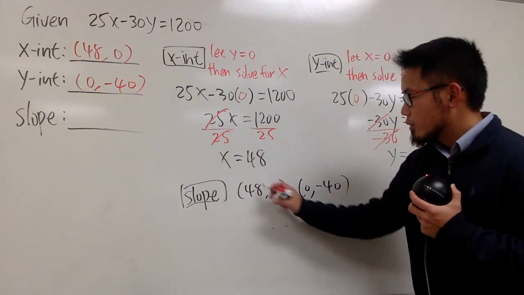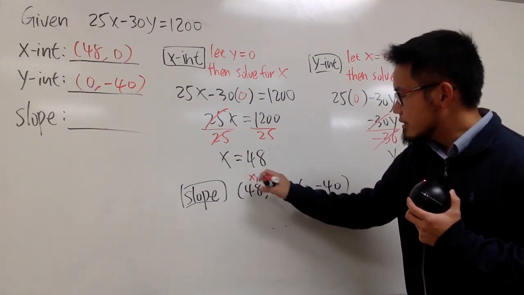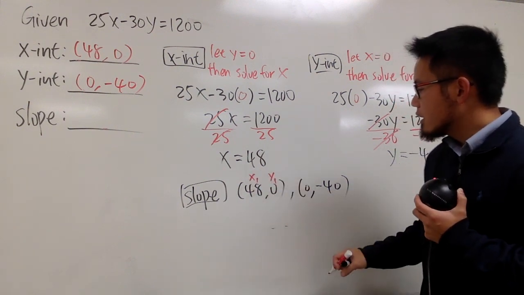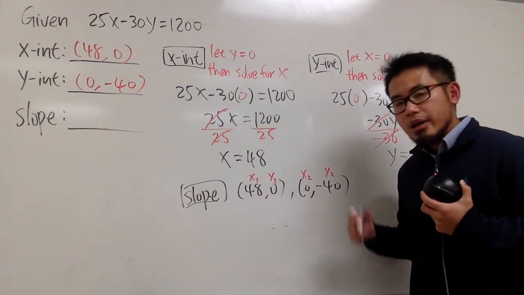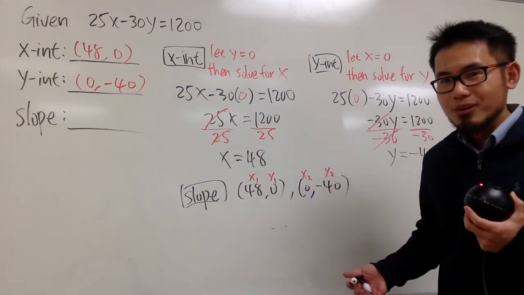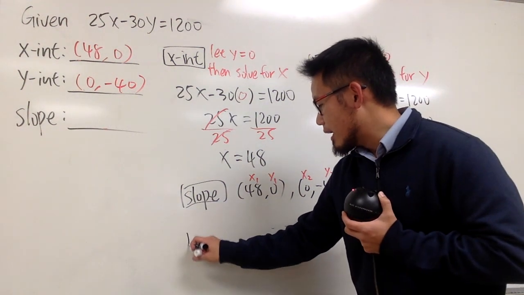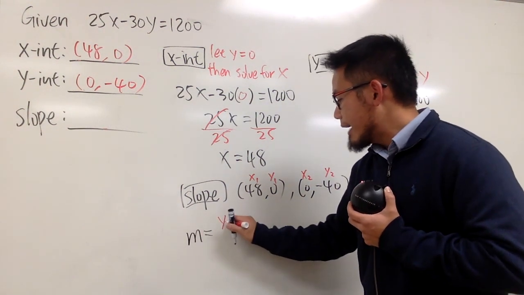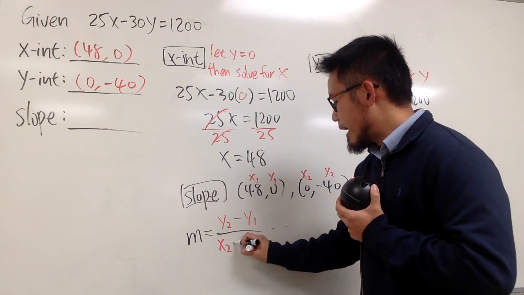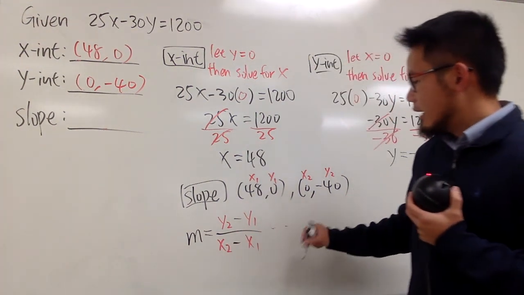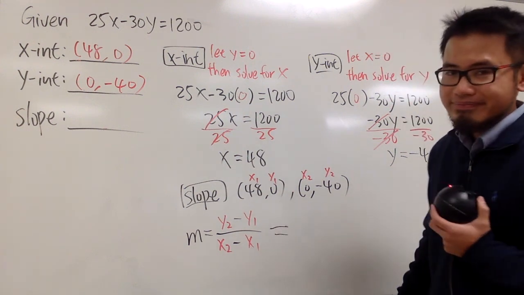And be sure, you go ahead and label this as x1, this is y1, and label this as x2, and this is y2. This way, we can use the slope formula, okay? So the slope formula m is equal to y2 minus y1 over x2 minus x1. And we just have to work this out now.